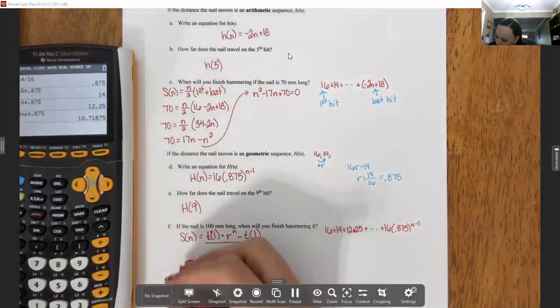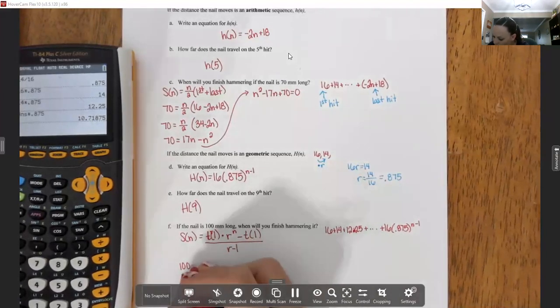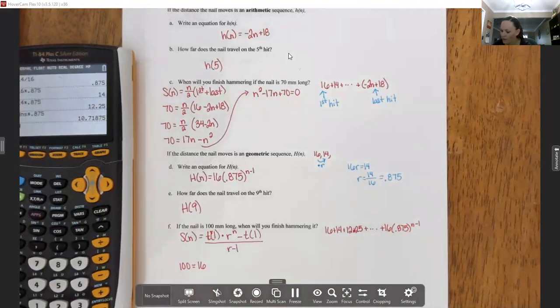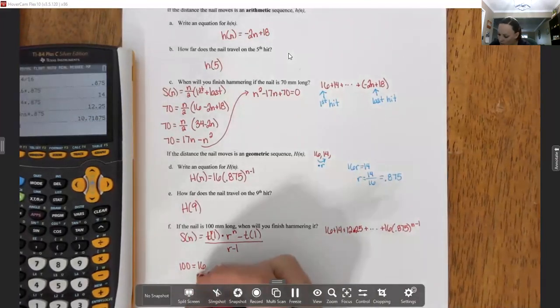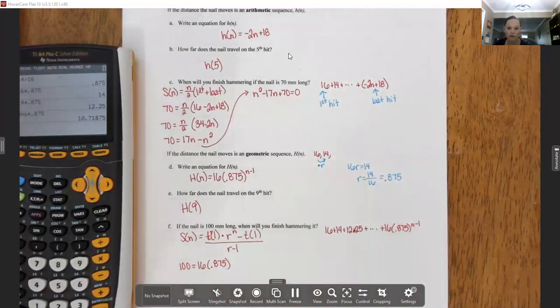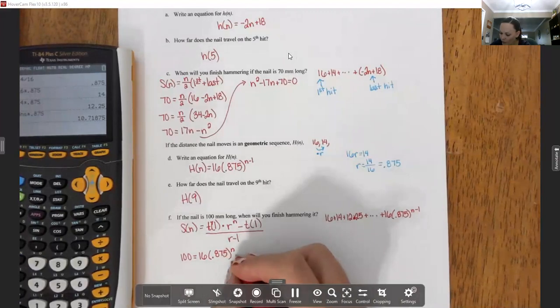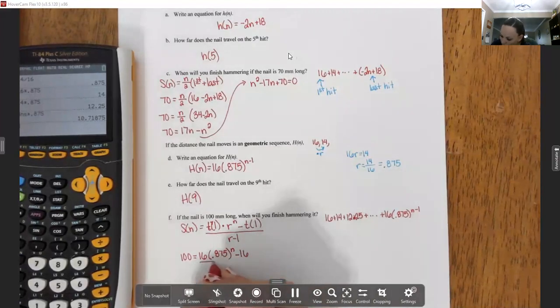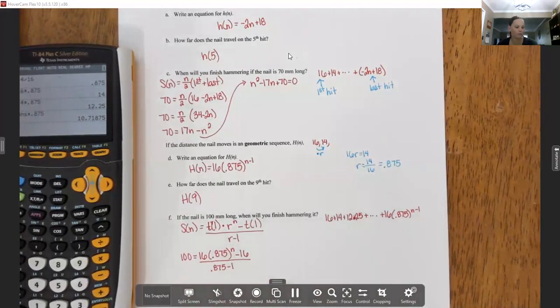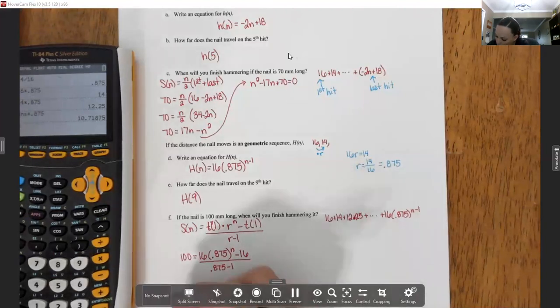So we just plug it in. It's 100 millimeters. Our first term is 16 times our multiplier 0.875 to the power of n minus 16 over 0.875 minus 1. So I'm just going to simplify that denominator first.